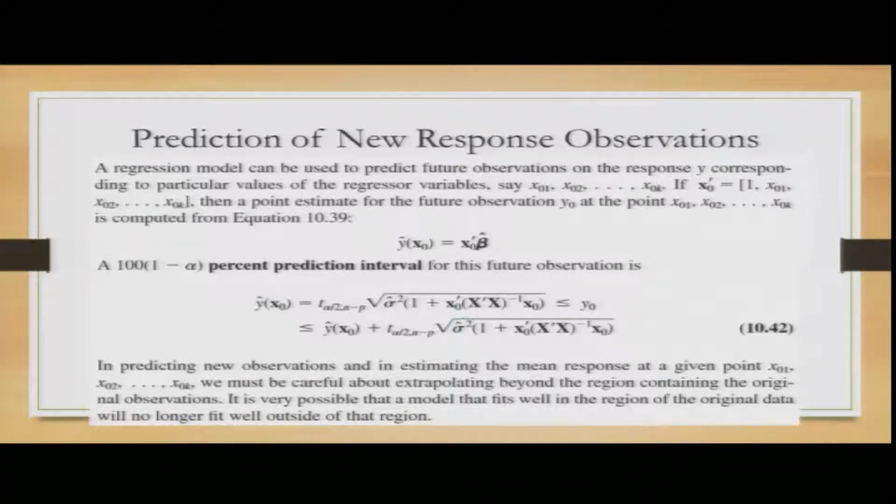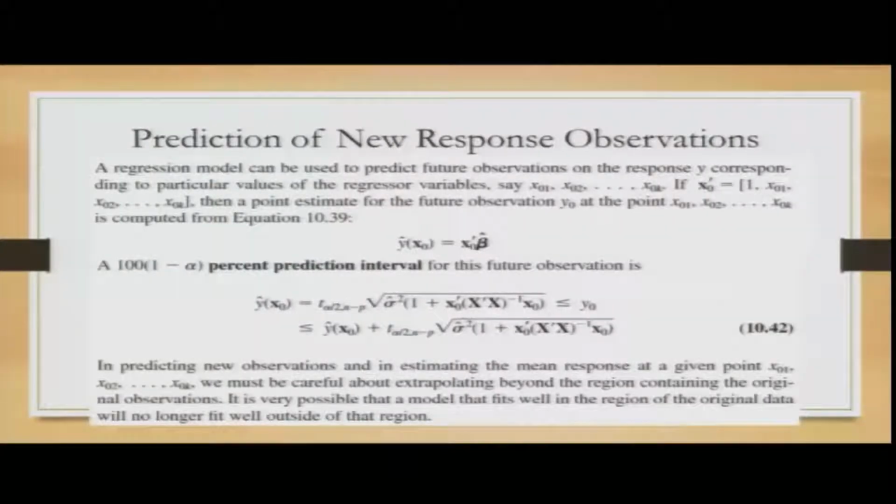In predicting new observations and in estimating the mean response at a given set of values, x naught 1, x naught 2, x naught 3 till x naught k, we must be careful about extrapolating beyond the region containing the original observations, because there would definitely be an increase or decrease in the variance and in the trends.